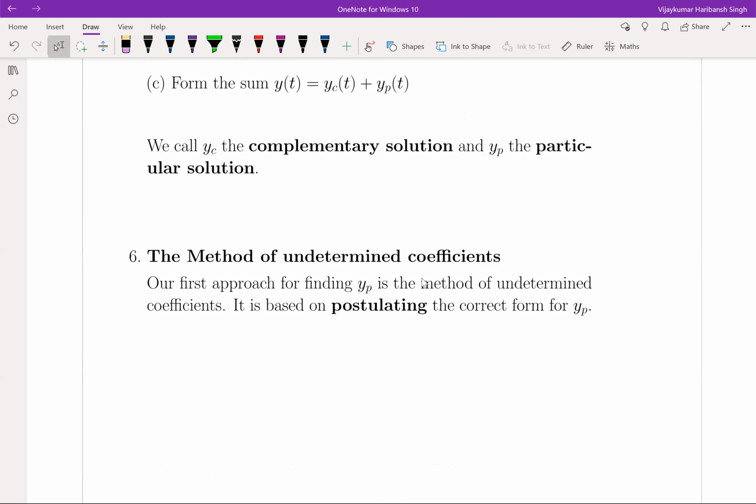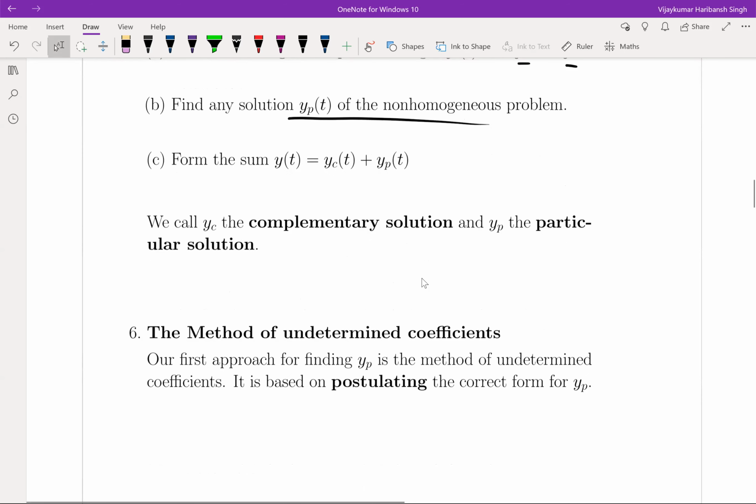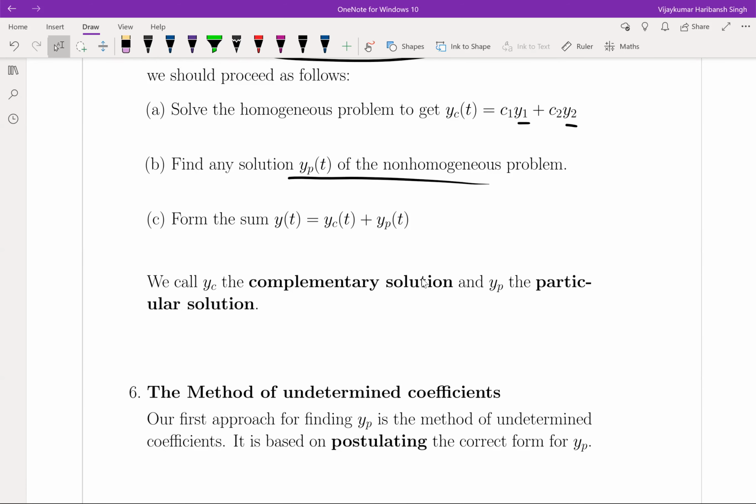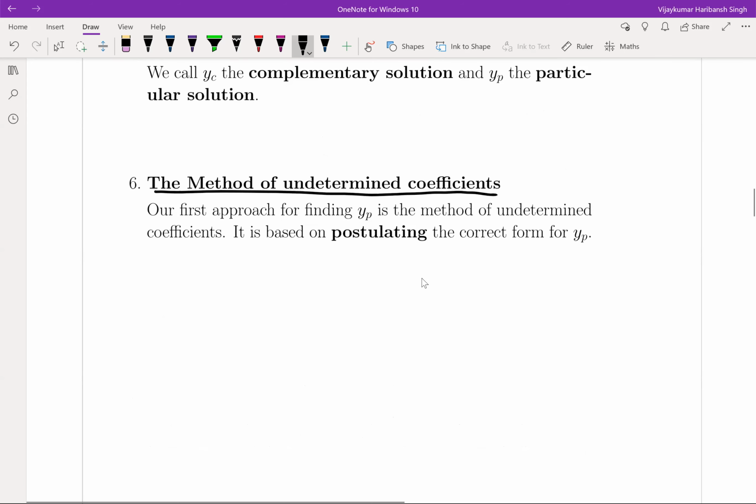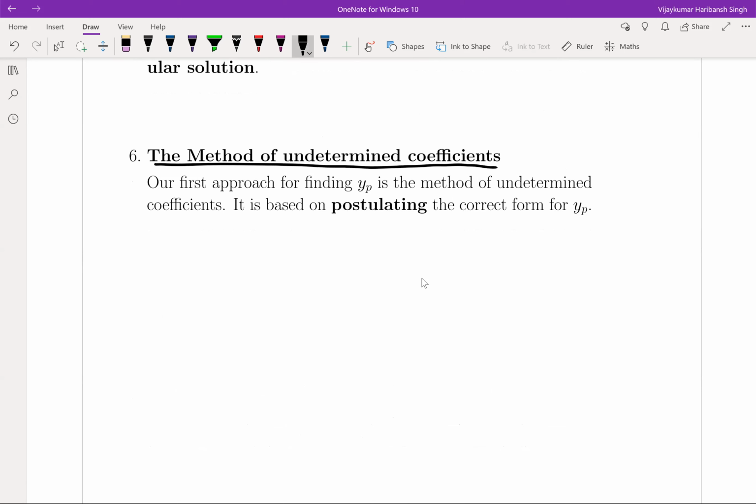Before we go further, yc is maybe slightly easier to find, but how do you find yp, the particular solution? For that, we have the method of undetermined coefficients. What is the method of undetermined coefficients based on? Again, you're trying to find the particular solution.